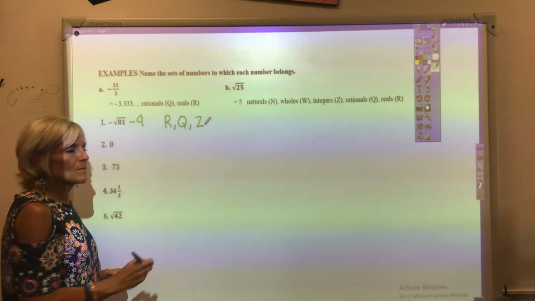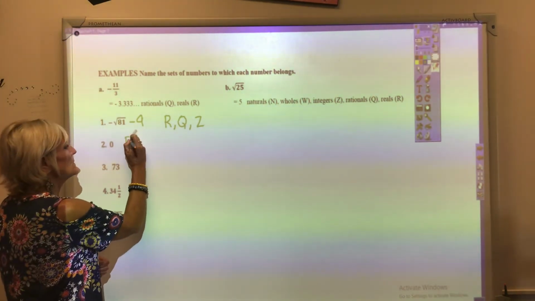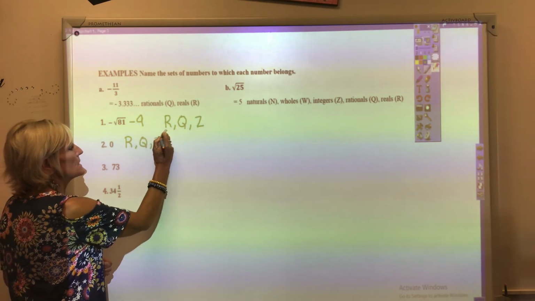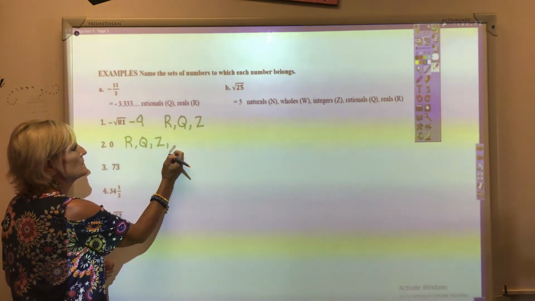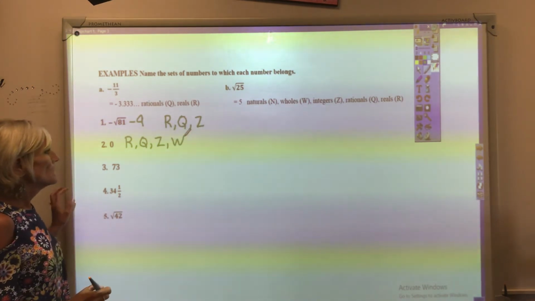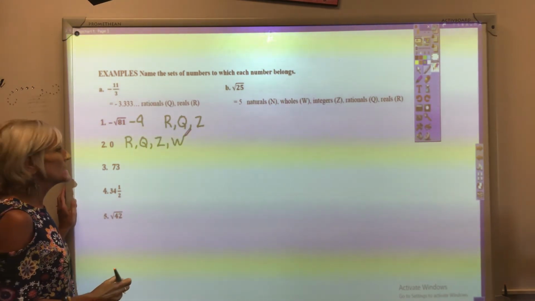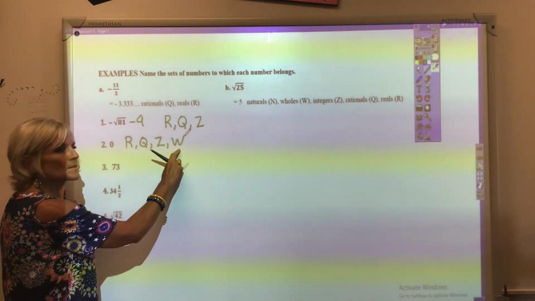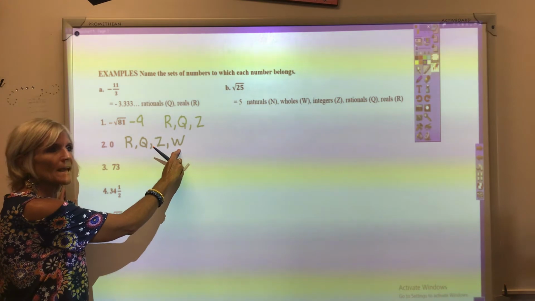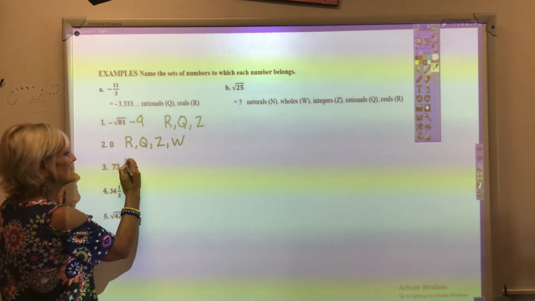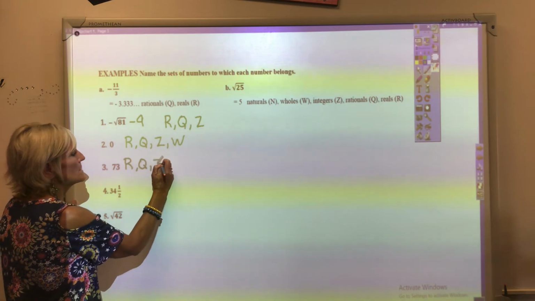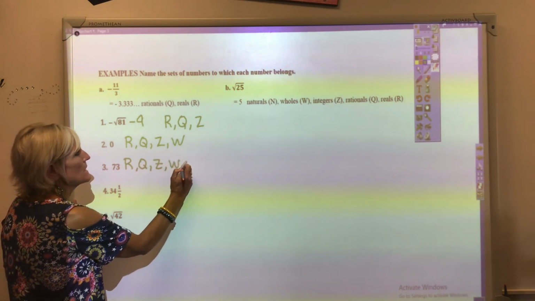The number 0 is real, it's rational, it's an integer, and it's a whole number. The number 73 is all of these plus it's also a natural number because we can count with 73. So we have R, Q, Z, W, and N.